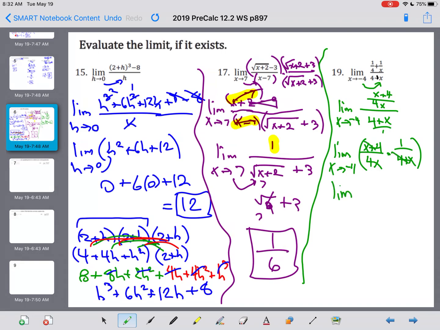So I get the limit as x approaches negative 4 of 1 over 4x. Okay. And now I can substitute that 4 in there. So I'm going to get 1 over negative 16. Okay.